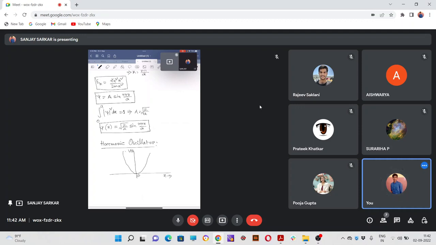The potential energy for the 1D harmonic oscillator is given by half m omega square x square.